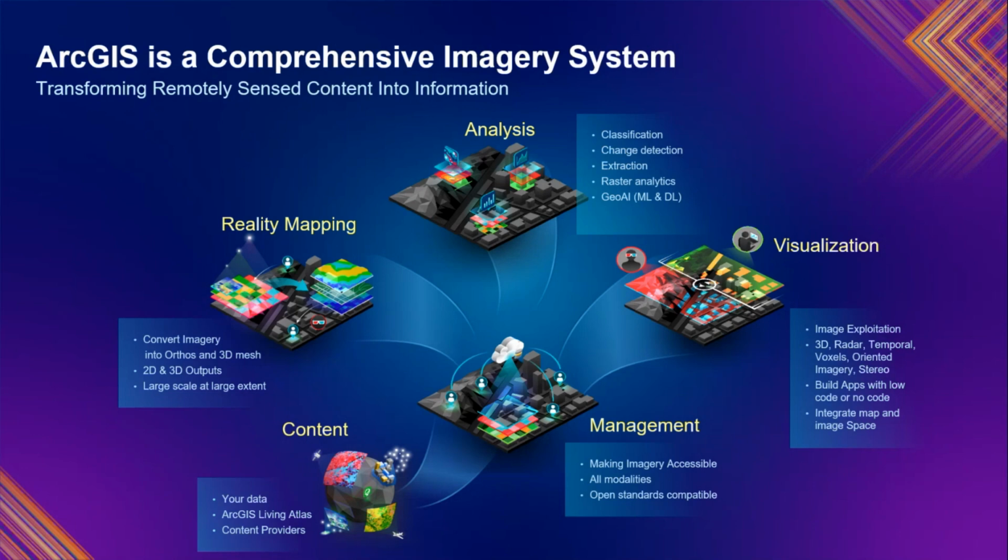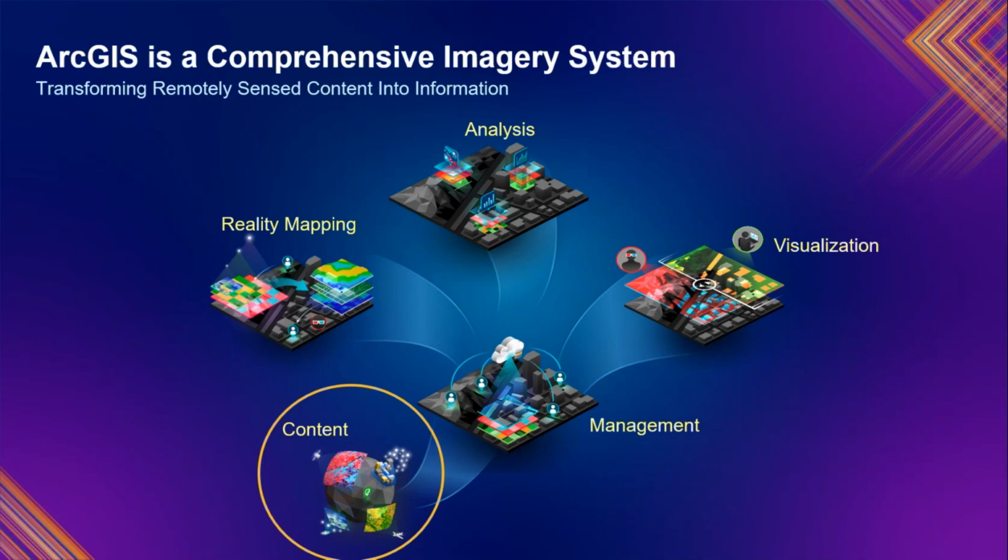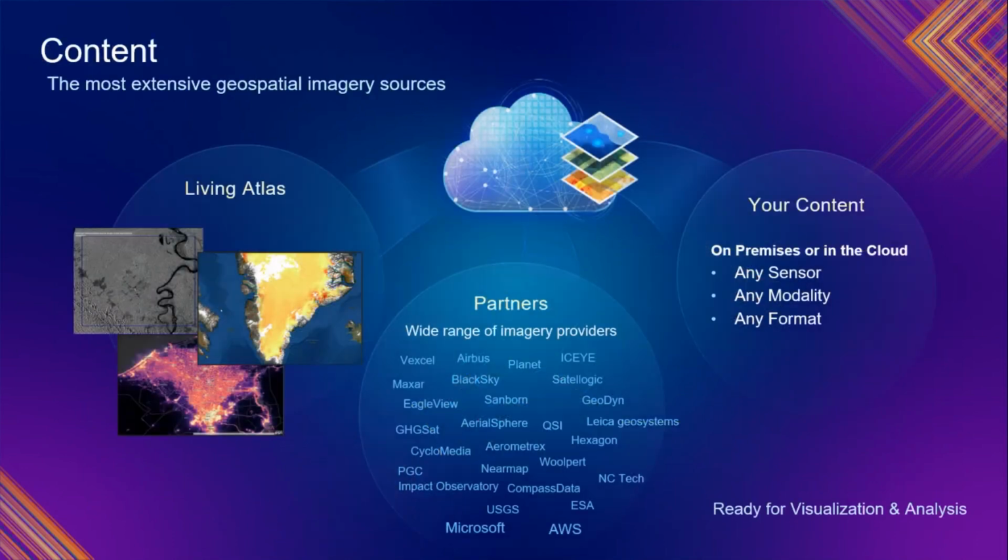Reality mapping, specifically for working with imagery from satellites, drones, and aerial imagery to create foundational base maps. Analysis is extracting information from imagery, extracting the locations of roads or other features. And then visualization is really providing that imagery to humans to look at and interpret and come up with their own decisions.